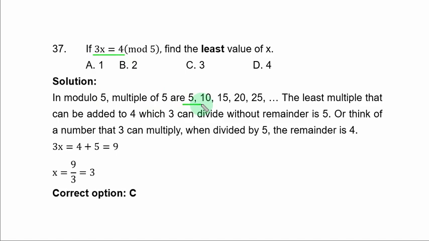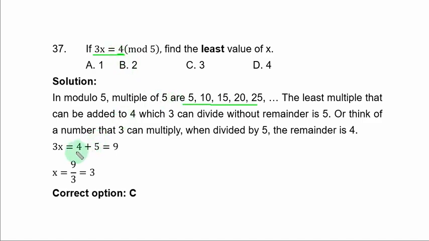You have 5, 10, 15, 20, 25, and so on. Now, from these multiples, you look for the least multiple that when you add it to this 4, 3 can divide it without remainder. So 5 will give us that multiple.